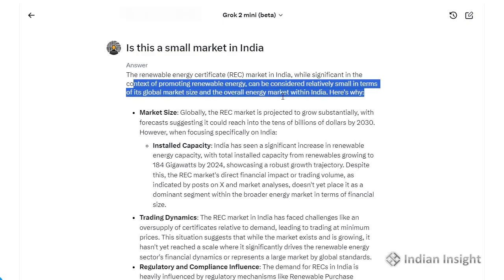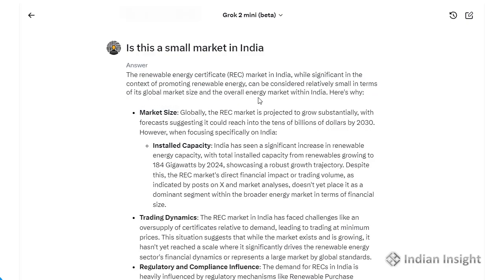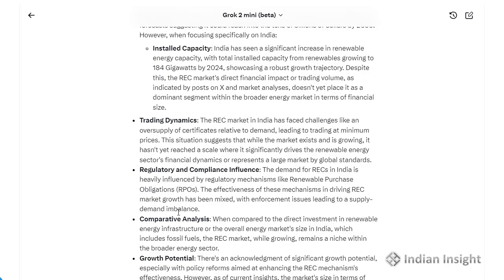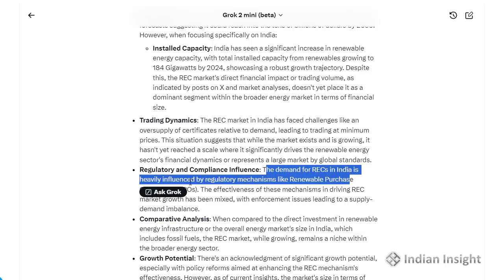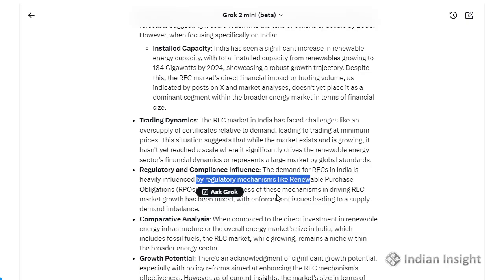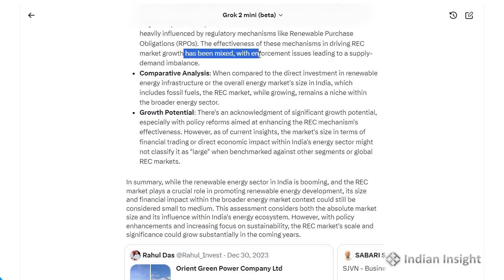So it says that in terms of the global market size, the market is relatively small, and it then gives you a lot of details here. The demand for RECs is heavily influenced by regulatory mechanisms like the renewable purchase obligations, or rather the effectiveness of these mechanisms has been mixed.